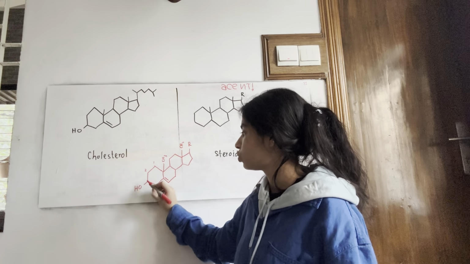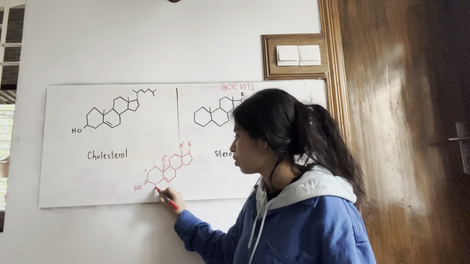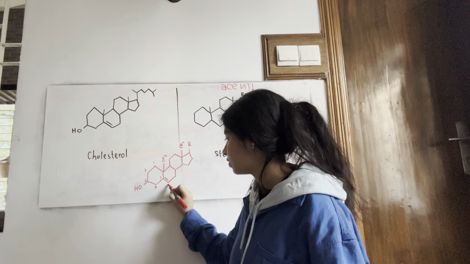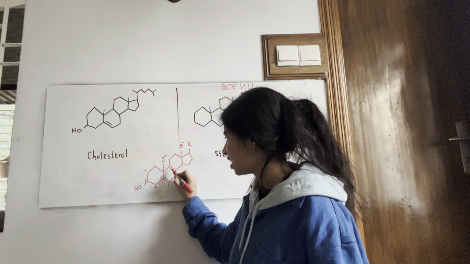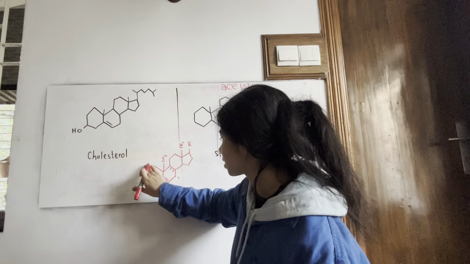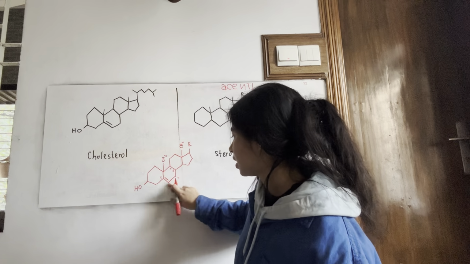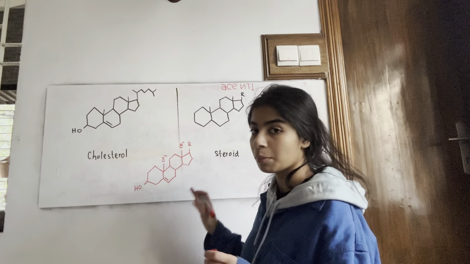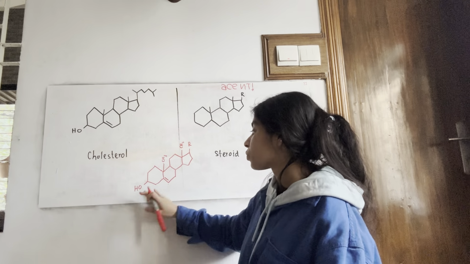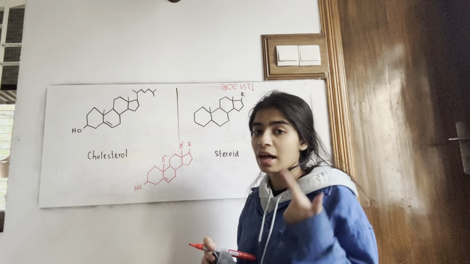This is 1, 2, 3, oh, this is the 3 position. 4, 5, 6, 7, 8, 9. Let's not do the numbering because clearly I'm bad at it. There's one thing to draw the structures and another to number them. I hate numbering. Now we have the trans fat, we have the alcohol.